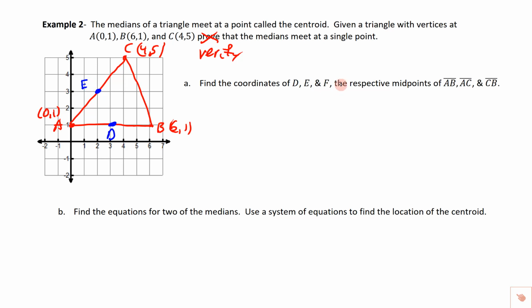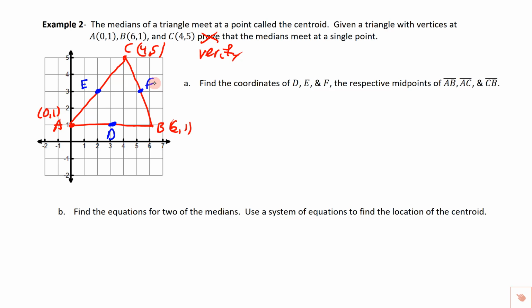And F then respectively would be the midpoint of CB, so that's going to be somewhere around right there, in that ballpark. And that's going to be F. Now, can you look at a couple of those and can you tell what the coordinates are? Yes. Okay. Need to verify it. Is it helpful that there are grid lines on here? Yeah. If there were not grid lines, it wouldn't be so easy.